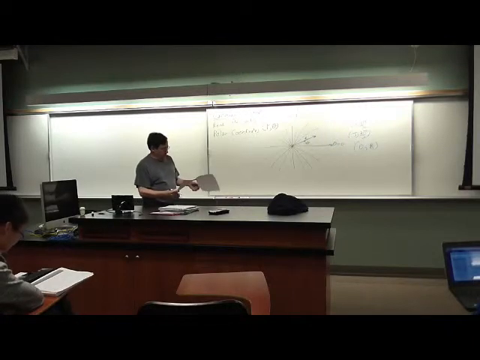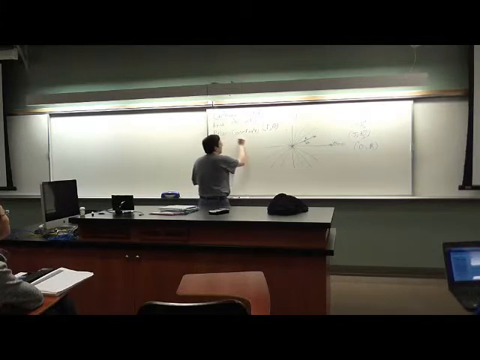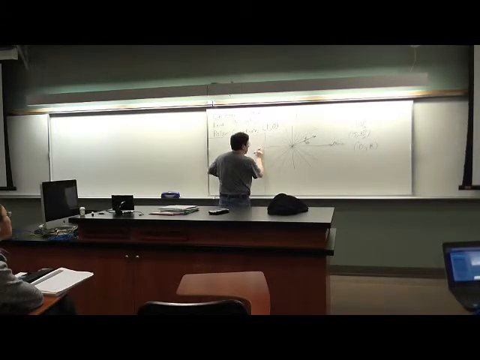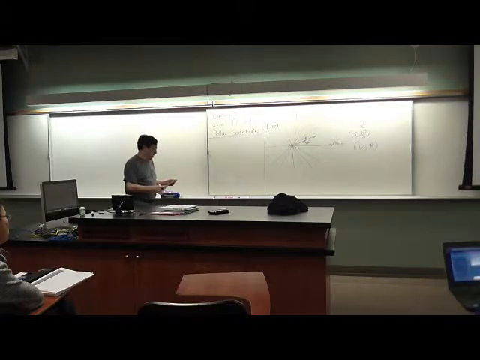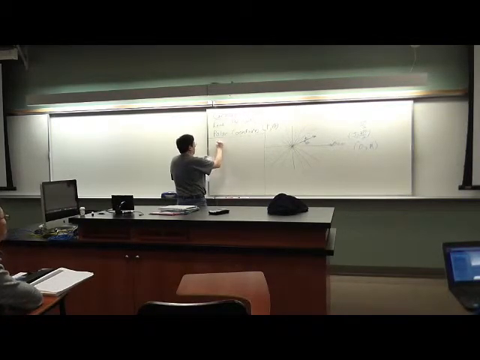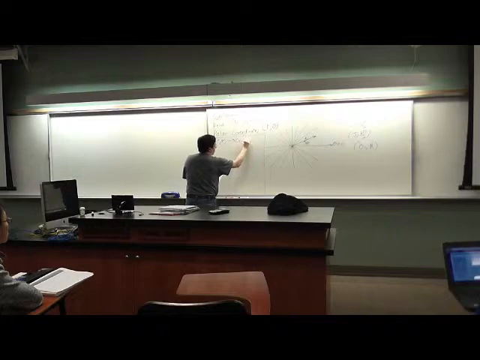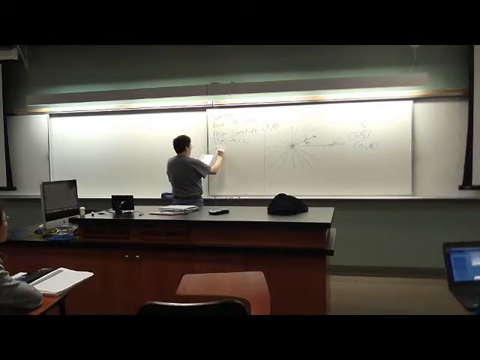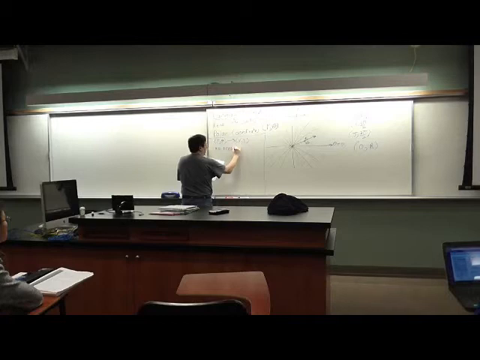Okay, so the first thing we want to know when we're dealing with these coordinates is how to convert them back and forth to Cartesian coordinates. This is quite straightforward. If you have a point r theta, you want to convert it to x and y coordinates. X equals r cosine theta, y equals r sine theta.